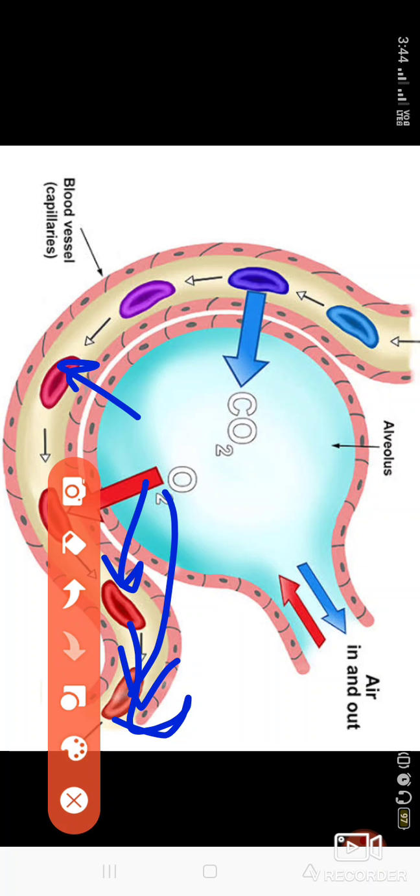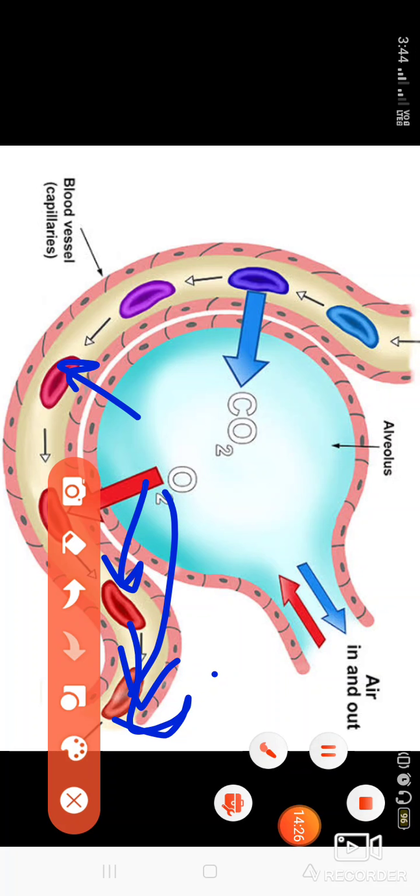That oxygen rich blood will first of all be brought to the heart, and the heart will pump the blood to different parts of the body. So this is how respiration is going on in our body. The breathing and respiration is occurring in our body.